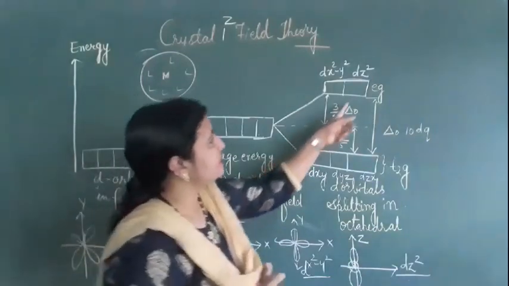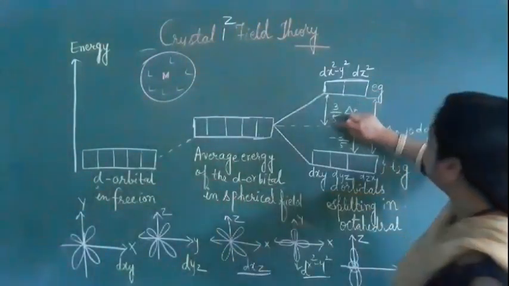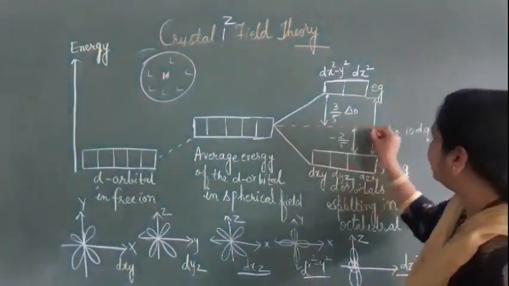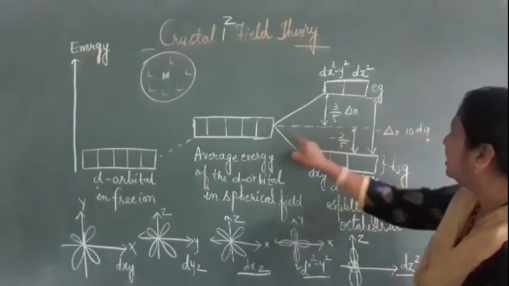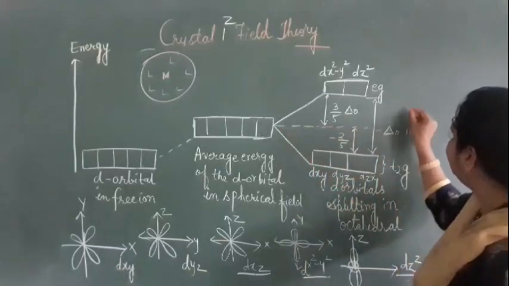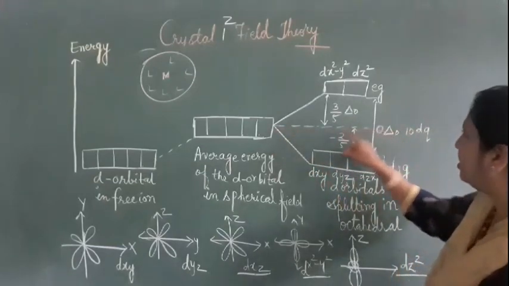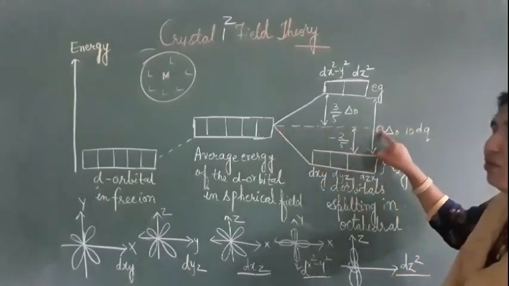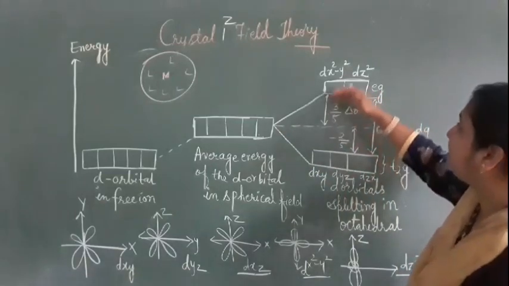Now the next thing, if you see here, this is called the barycenter. In this center the energy is 0. The energy of all the 5 d orbitals is 0 here. Now the energy increases for some and decreases for others. How much does it increase?